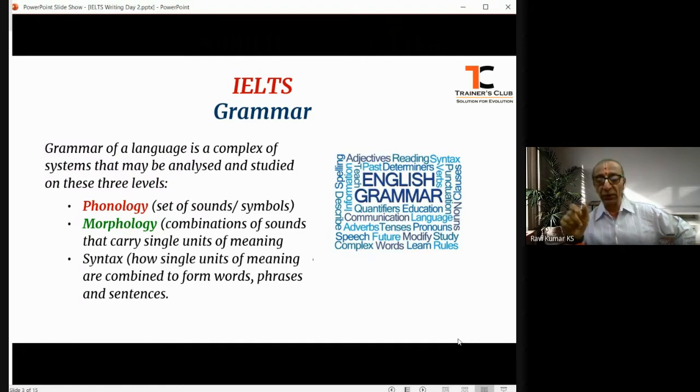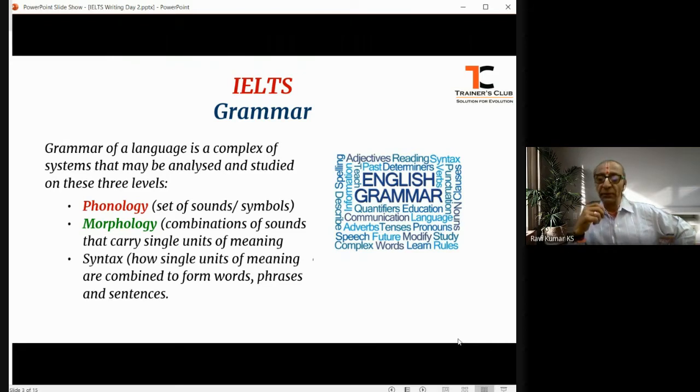If it is the UK version, then it is pronounced as nephew with a V sound. The same thing if it is a US version, then it is pronounced as nephew because PH is there. NEPHEW is the spelling for that. These are the certain differences. That is the combination of sounds that carry a single unit of meaning.